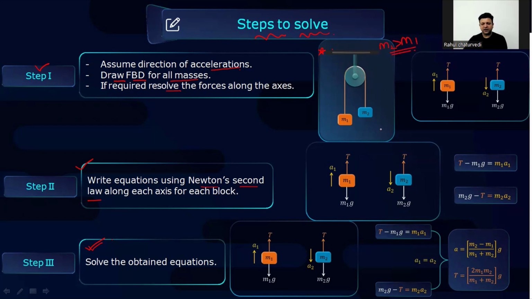Since M2 is greater than M1, the tendency of the blocks will be that M2 will go in the downward direction and M1 will go in the upward direction. Since the rope is massless and inextensible, the acceleration will be the same. Fine. Also, the tension will be the same.